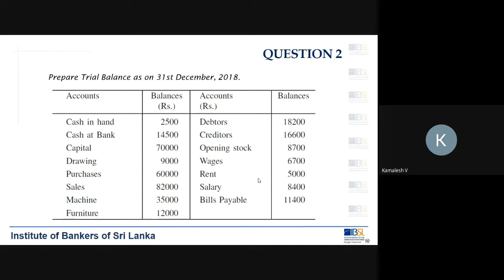I hope it will be okay with you all, but I just want to ask you one question. When you look at this list of account balances, you get wages and you get salaries also. What is the difference between the two?